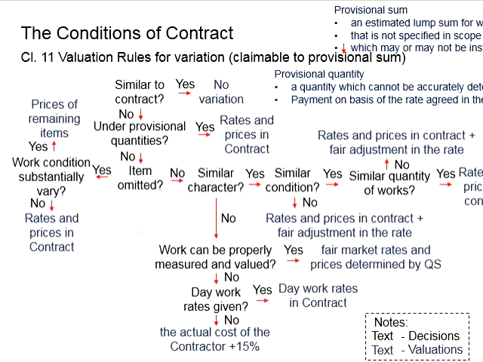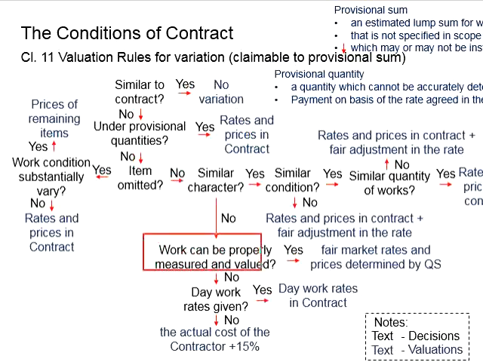We will see whether the work can be properly measured or valued. If this can be done, the fair market rates and price will be determined by the quantity surveyor, and this rate and price will be multiplied with the quantities done under the variations to determine the cost to be paid to the contractor.